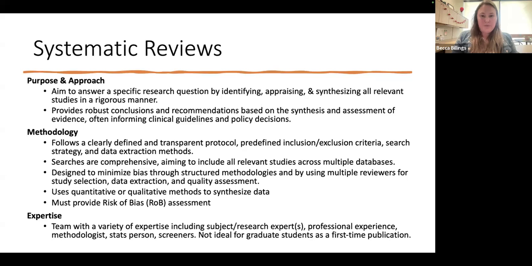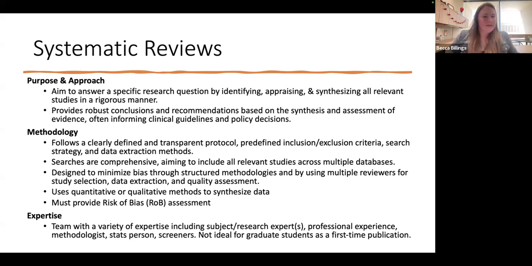Then a research team screens through the evidence and appraises that literature, and then synthesizes everything in a very rigorous manner. These reviews have to be very transparent, and they have robust conclusions and recommendations based on the evidence and the quality of the evidence, and are used to inform clinical guidelines and policy decisions at the highest level in healthcare.